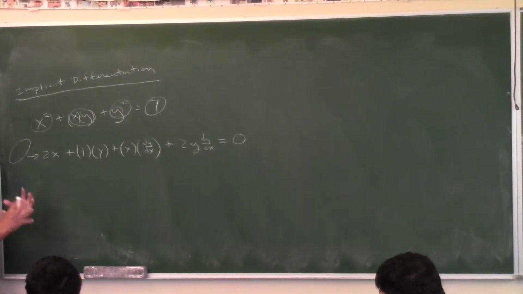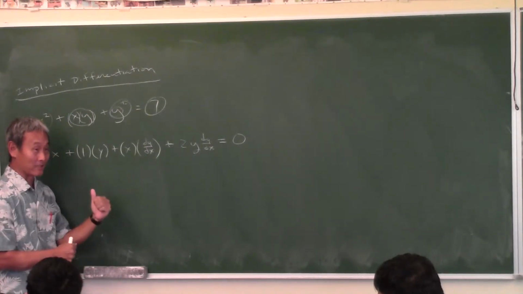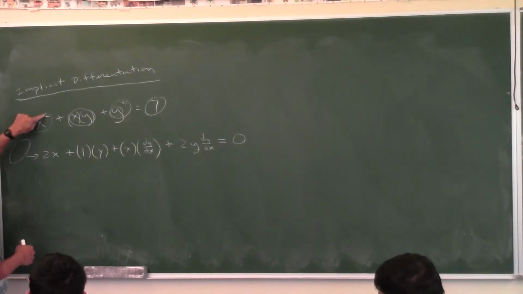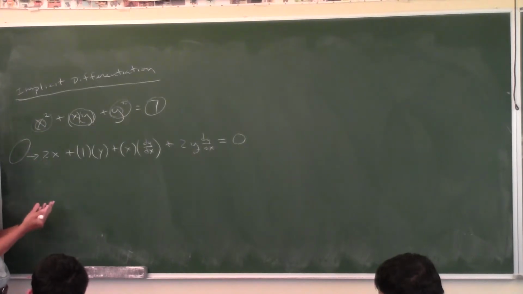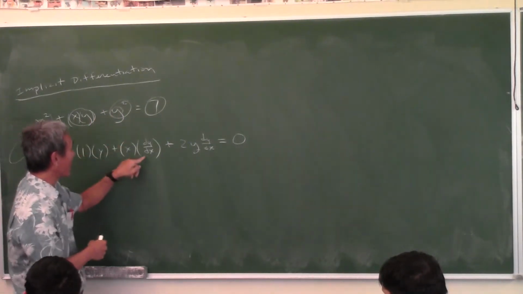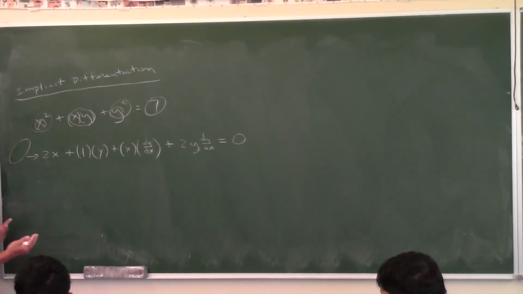Whenever you take the derivative of x, you get 1. When you take the derivative of y, you get dy/dx. So you go 2 box to the first, but then when you times it by the derivative of box, that's just 1. But when you do it here, the derivative of box is dy/dx. You guys get it? This is just a technique now.